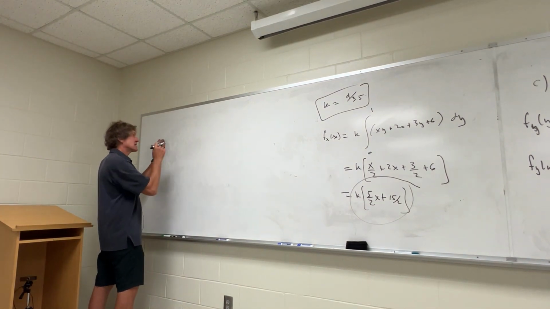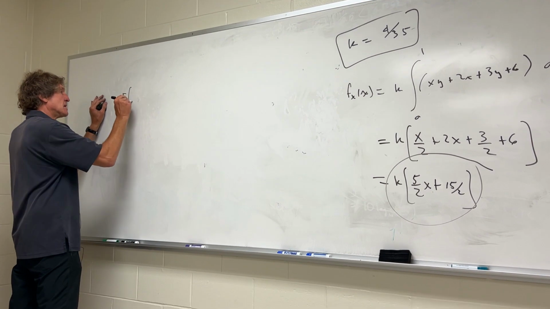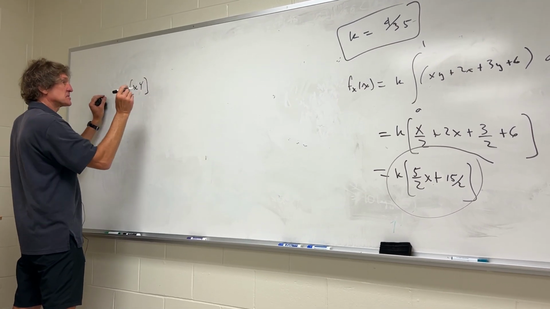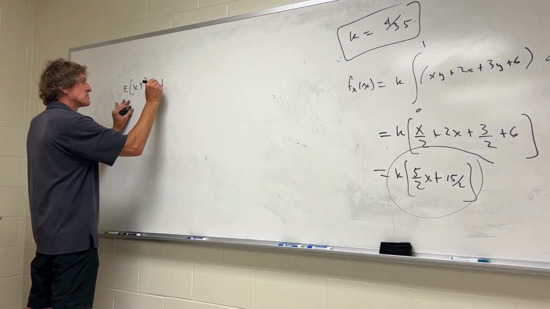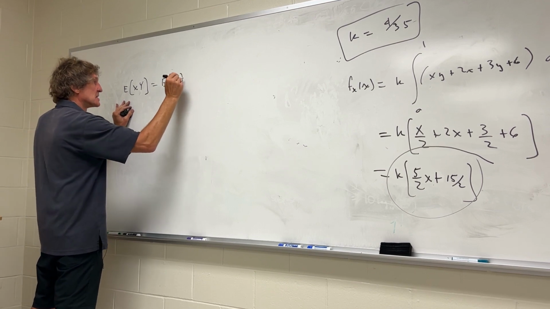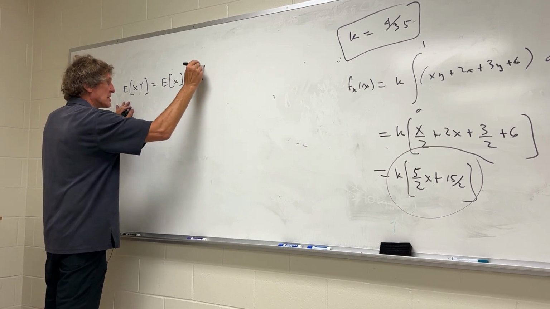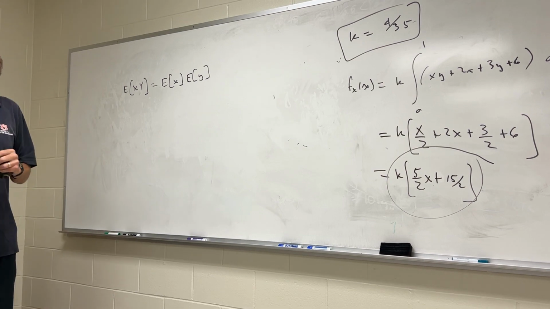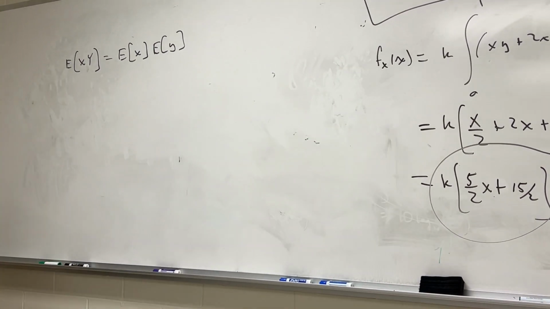Getting back to this, the expected value of xy, if they are statistically independent, is simply the expected value of x times the expected value of y. Do you all agree with this? So what is the expected value of x?